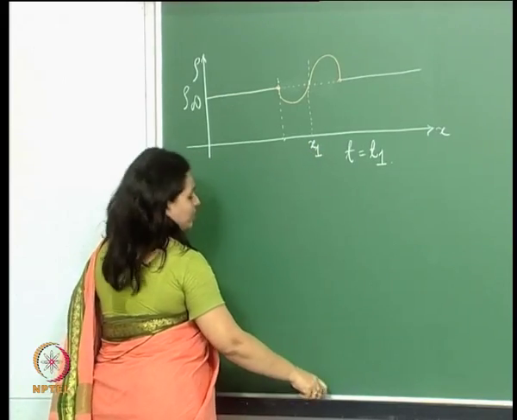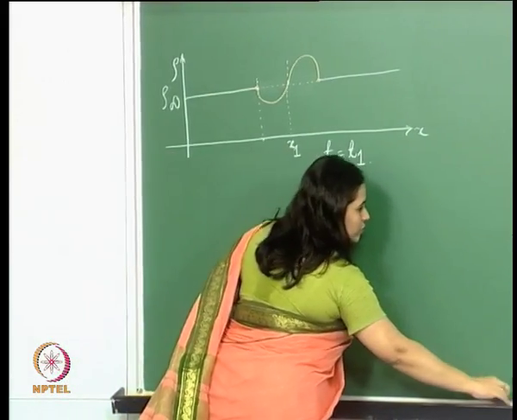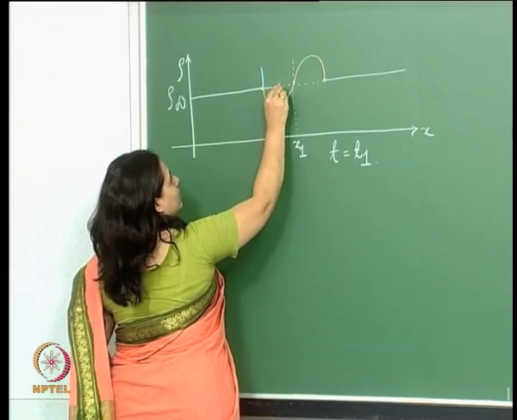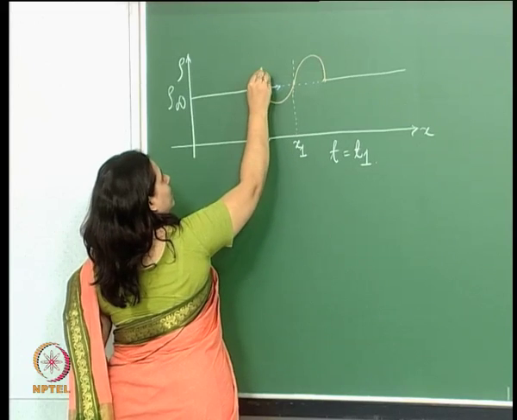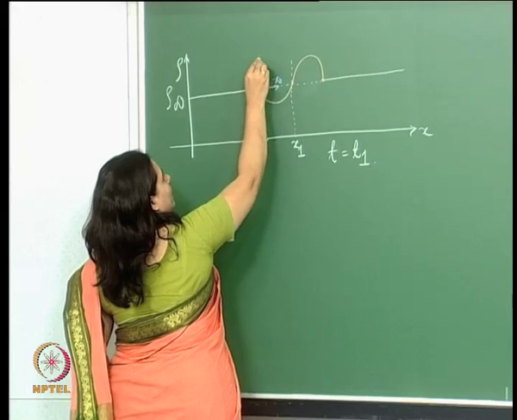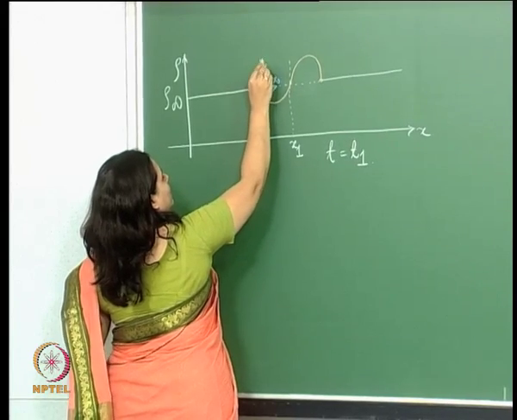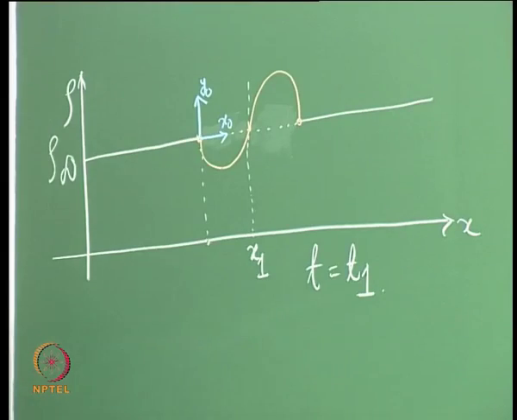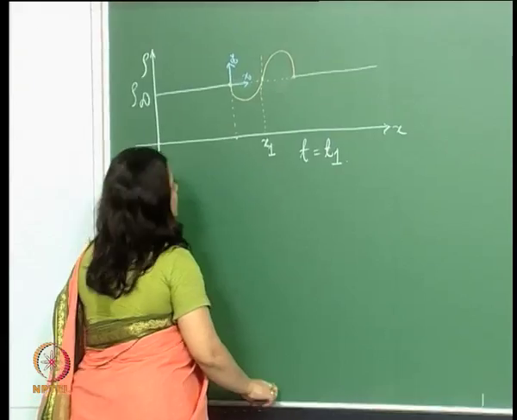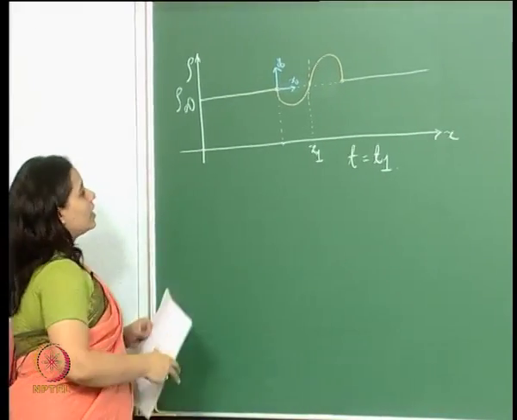I am also going to draw a local axis system, let us call it x 0 1. I am going to draw this local axis system at the origin of this disturbance. And also we will mark different points on this wave.